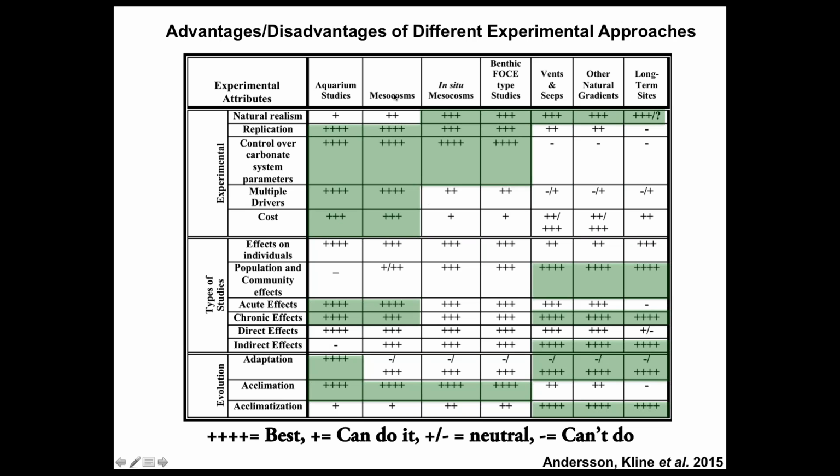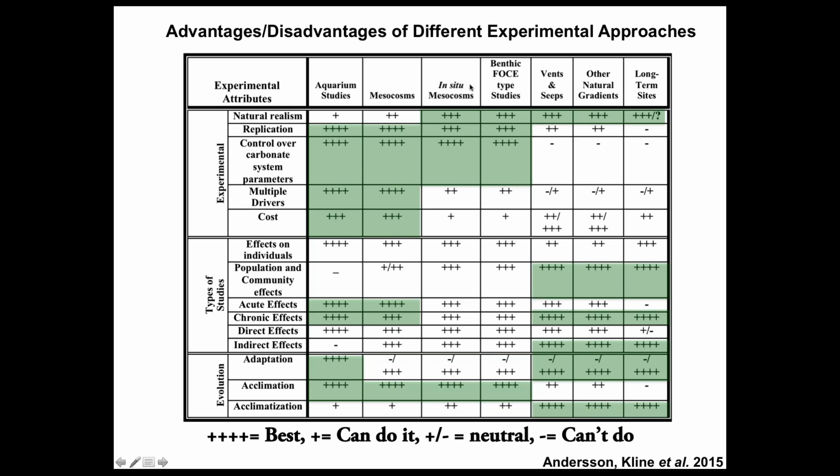So when we move to mesocosms, you can see that the natural realism improves a little bit. You can also have many of the same advantages that you have with aquarium studies in terms of the replication and control over the conditions. And sometimes you can study adaptations, sometimes you can't, depending on how these are set up.